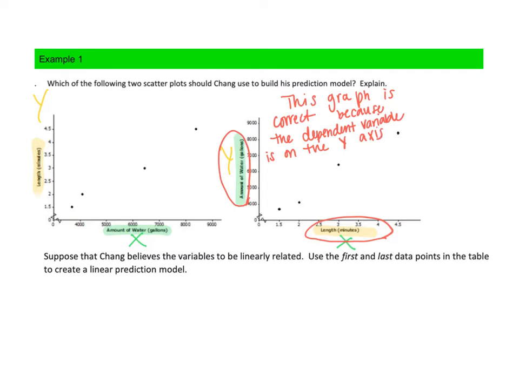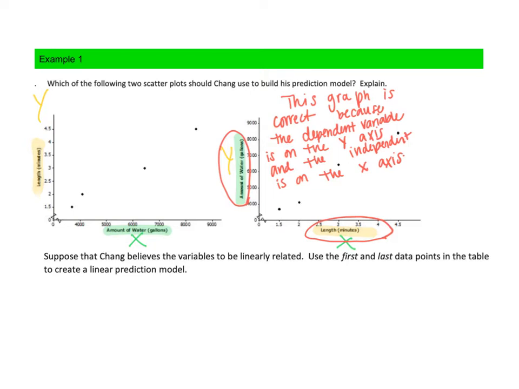The dependent variable is on the y-axis and the independent variable is on the x-axis. Okay.